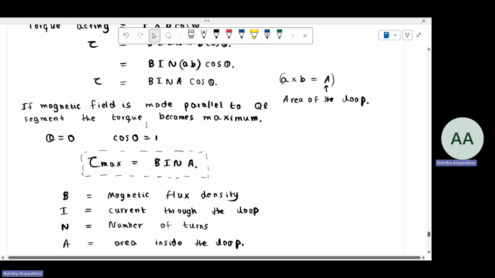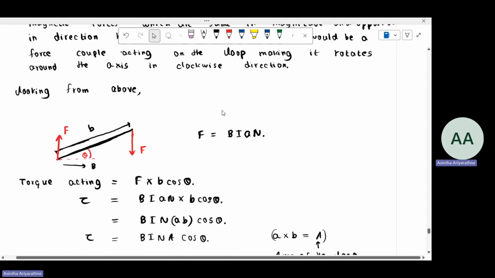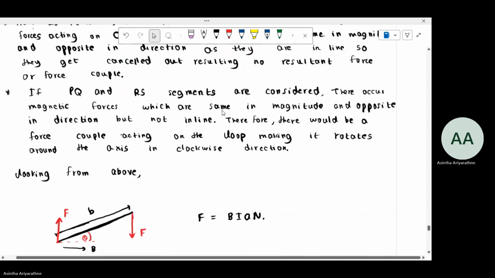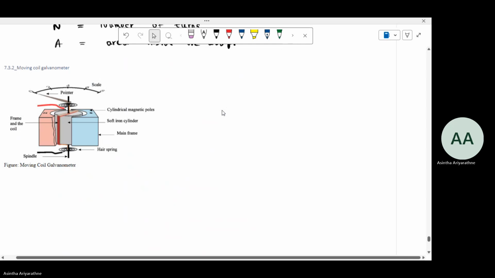Right, so this is the torque acting on a current carrying loop.